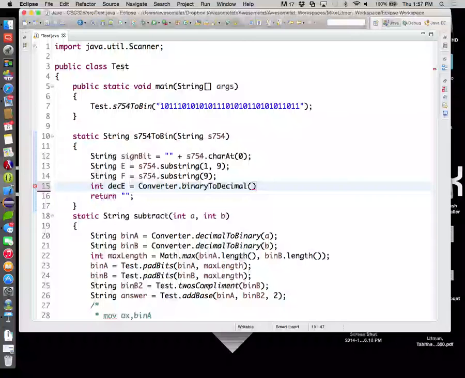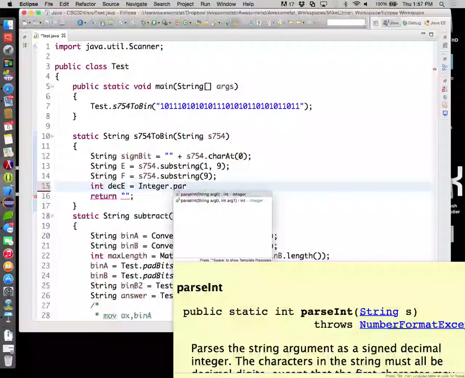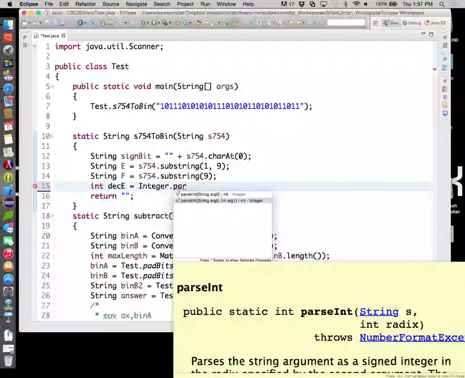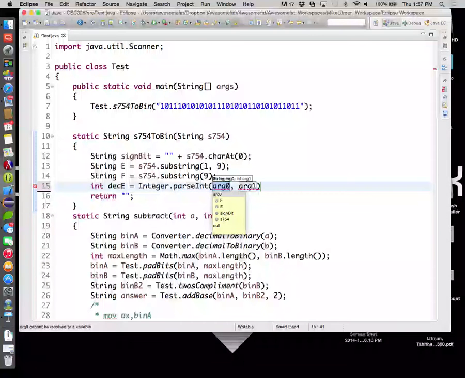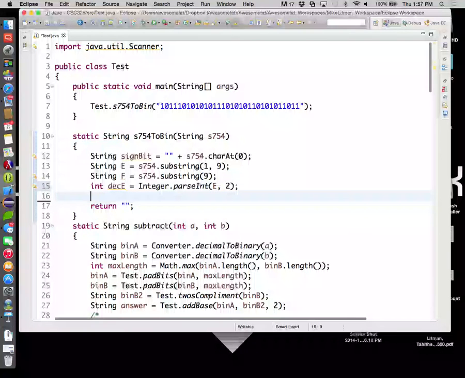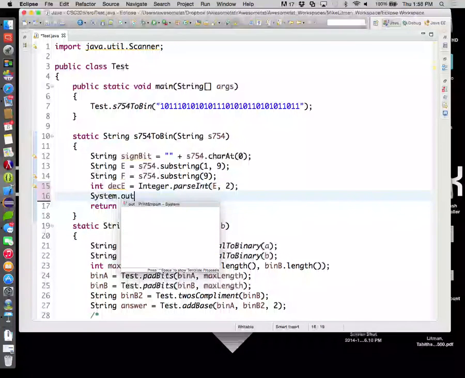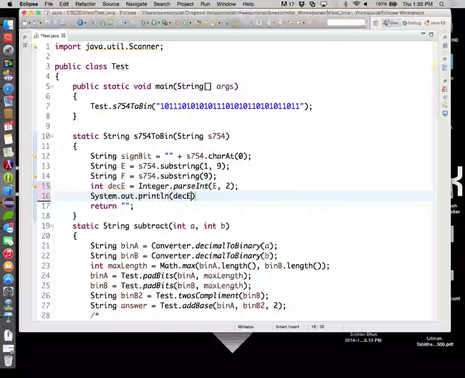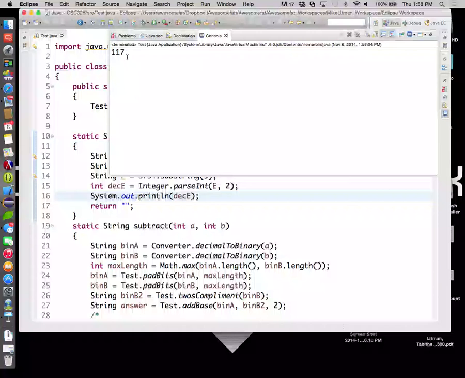Ooh, I don't like that. So there's the decimal equivalent of E.